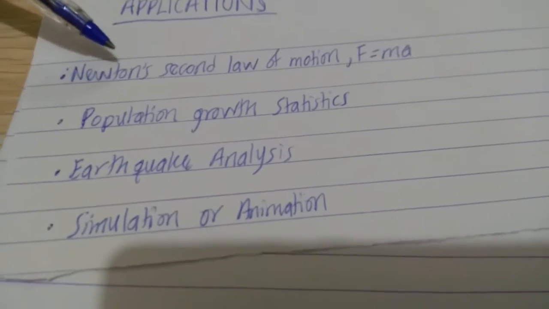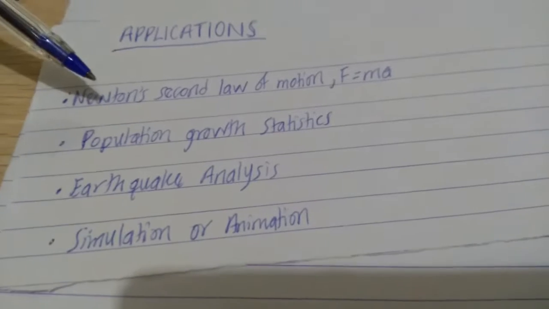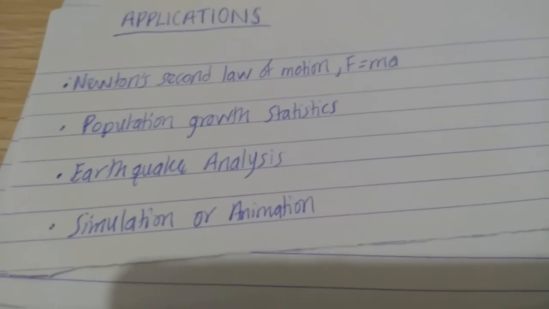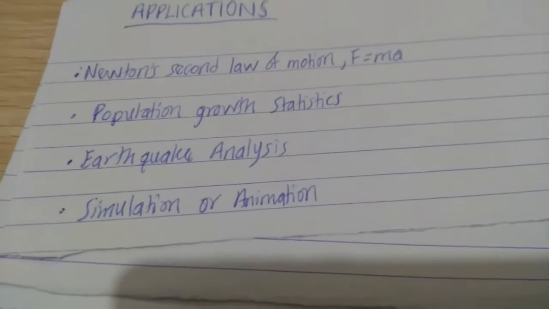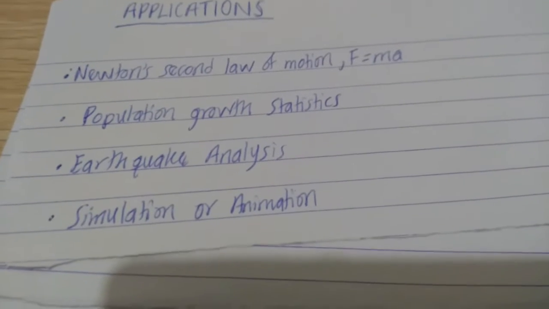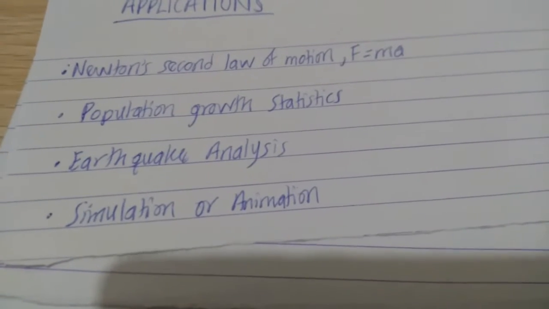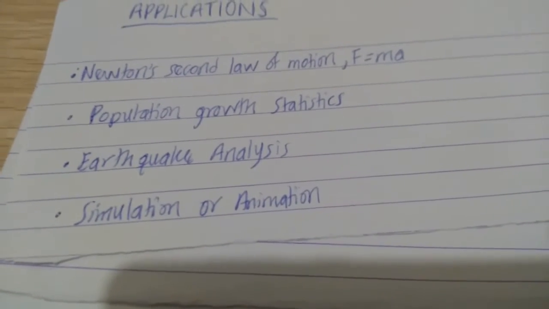We have Newton's second law of motion, as you might have known already. Force equals mass times acceleration. This is actually a differential equation. How do you get to know? We have force equaling mass times acceleration, that's a.